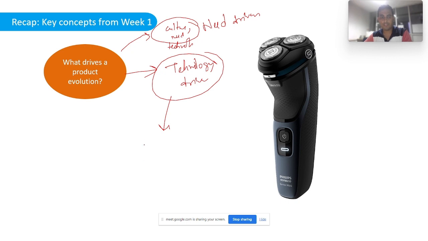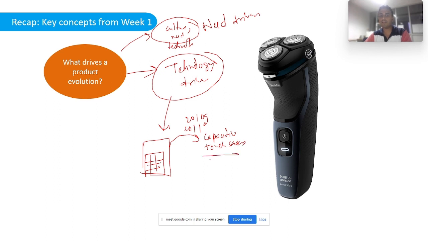Initially we used to have simple keyboard phones. Then back in 2010, 2011, the technology that came into the picture was capacitive and resistive touchscreens.